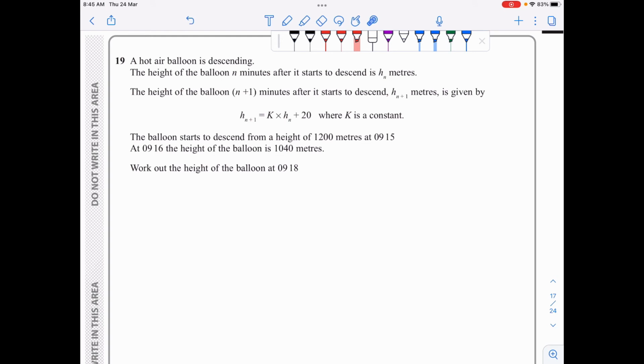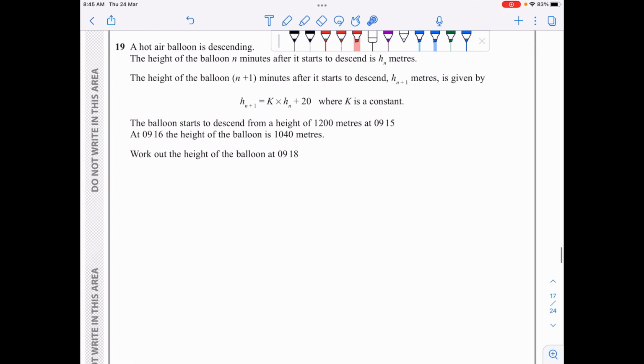So I need first of all to find a way to connect the times with the value of n. So I will start by creating a table. It's the time and n. And we know that the descent started at 9:15. So at 9:15, we are at 0 minutes after starting to descend.